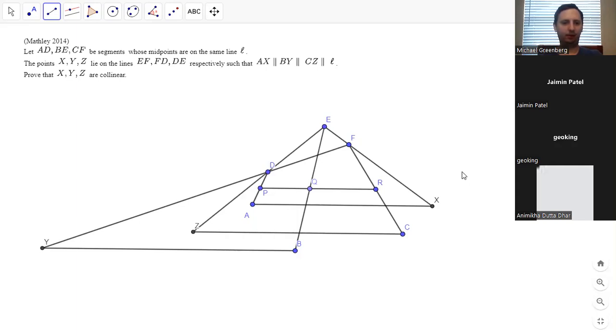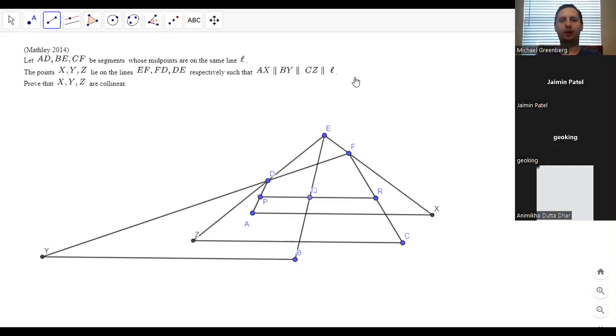So yeah, can we use Menelaus somehow? What if X, Y, and Z were collinear? By Menelaus, we have the ratios ED over EZ, EF over EX, and FD over FY. Is there a way to use Menelaus to show that?